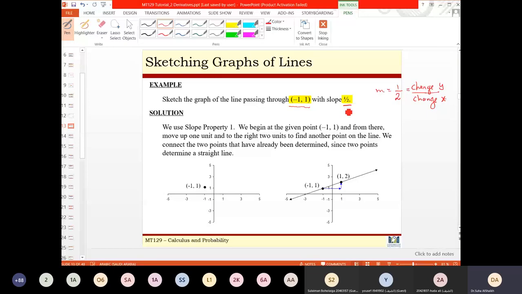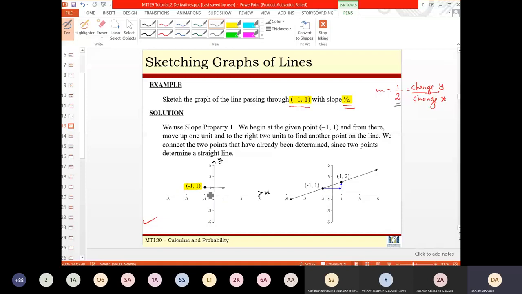And I know it's passing through the point (-1, 1). So I draw the xy coordinates and I draw the point (-1, 1). You can see it. Now the change in x is in the direction of x, and the change of y is in the direction of y. So x is changing by 2, so I move 2 units to the right.